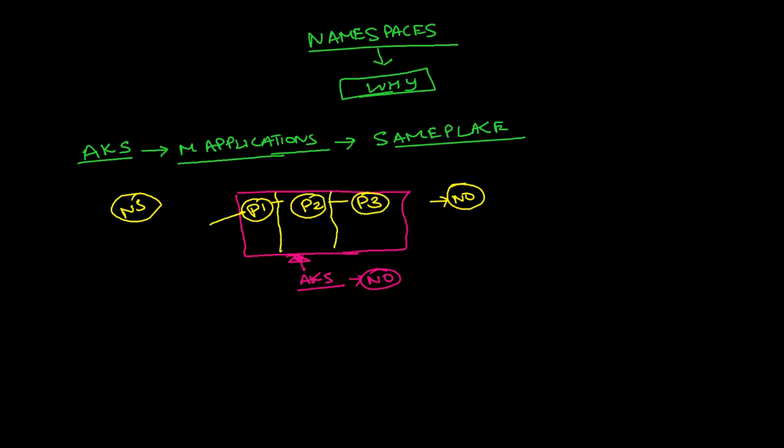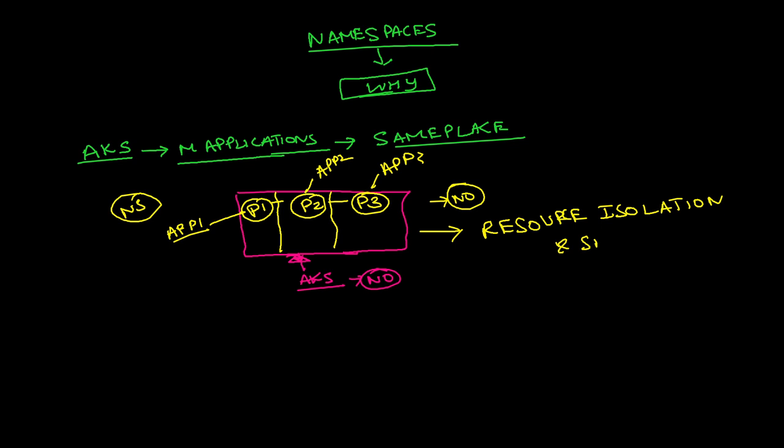So for my application 1, I'm going to have an application 1 namespace, and the same for application 2 and application 3. In general, we call this resource isolation and separation.